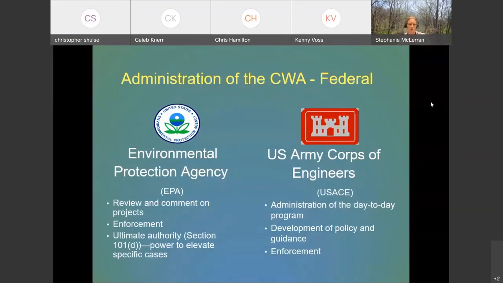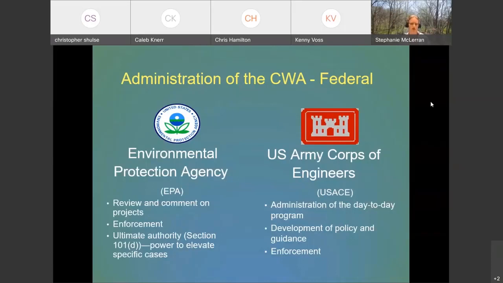But I guess first a little bit more background about the 404 permitting. The Clean Water Act, Section 404, explains that the Corps of Engineers administers the day-to-day permit program. So that's who we work with to apply for and get these permits.